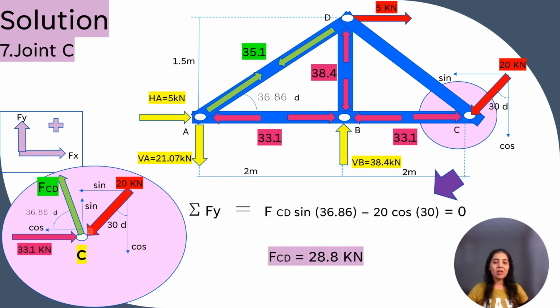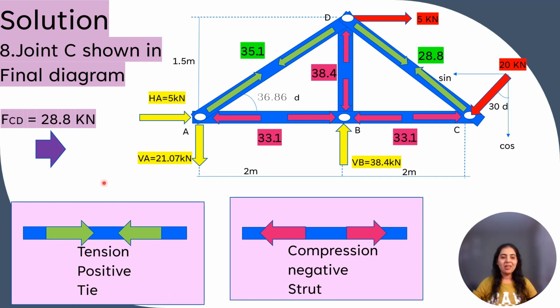Now we have only one unknown, FCD. So let's apply summation of Fy and find out FCD. It is 28.8 kilonewton. So the answer we got as FCD is equal to 28.8 kilonewton. The important step is to show that in the diagram, our main FBD.